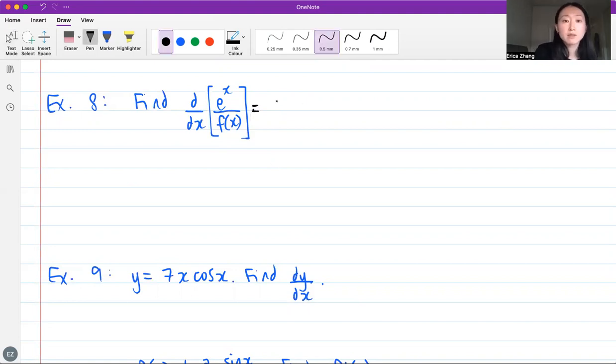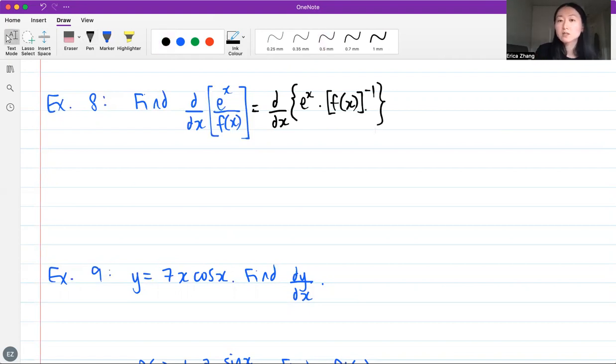So let's first rewrite this using a negative index so we can apply the product rule. e to the x times [f of x] raised to the power of negative 1. Okay, and I've written it like this with the square brackets and the negative 1 on the right, as opposed to this, right, which is what we use to denote inverse functions.